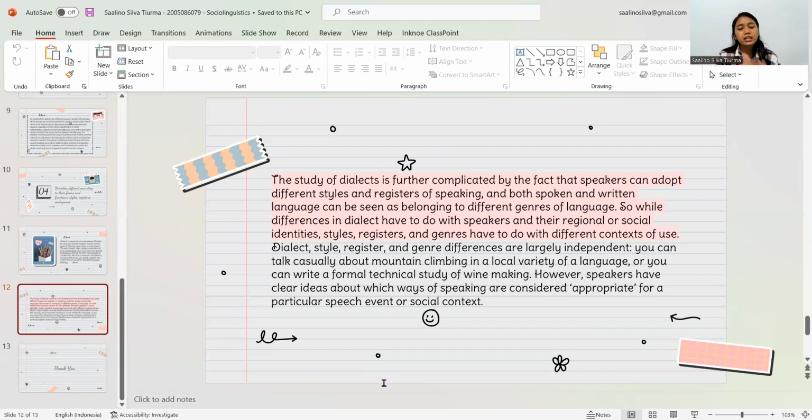While differences in dialect have to do with speakers and their regional or social identities, styles, registers, and genres have to do with different contexts of use.